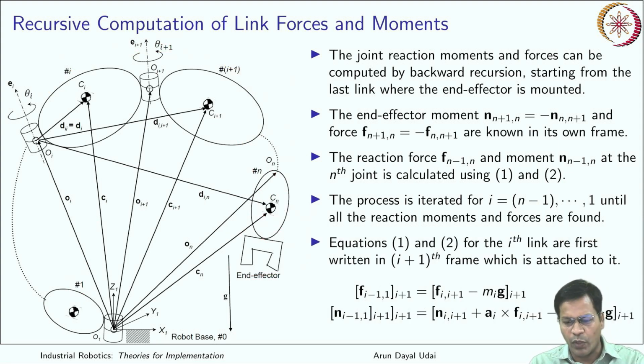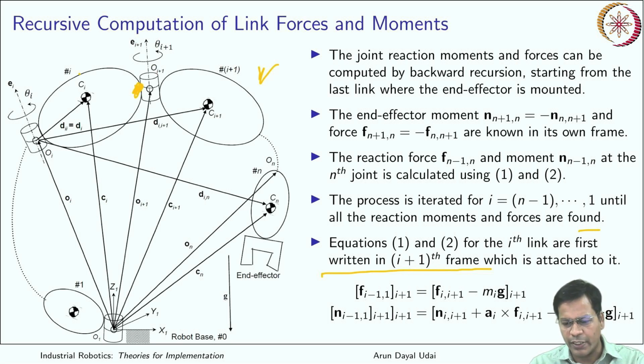Okay, so equation 1 and 2 for the ith link are first written in the I plus 1th frame. So if it is any I link, you have to write everything over here so that you can do all the vector sum that comes from this side of it. Okay, so you have expressed everything over here.